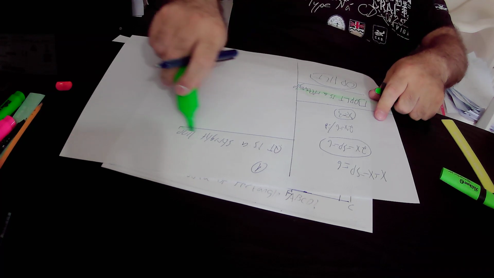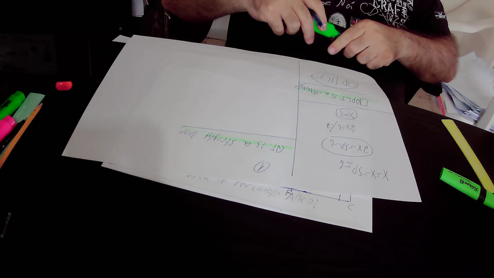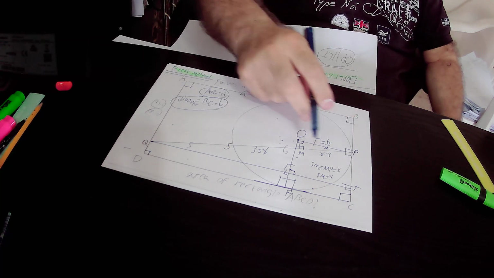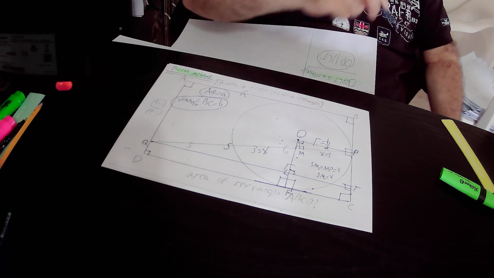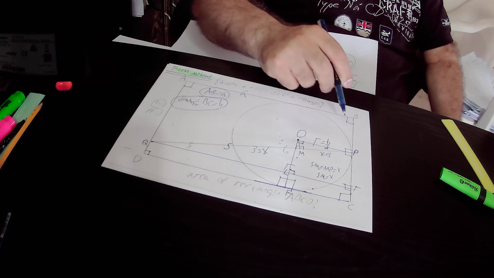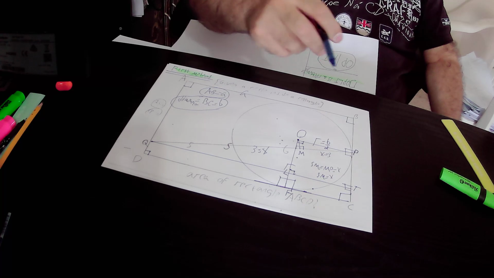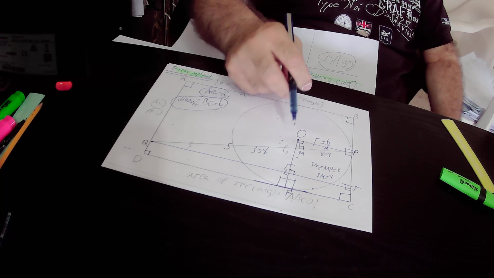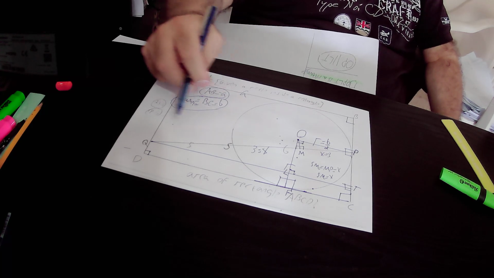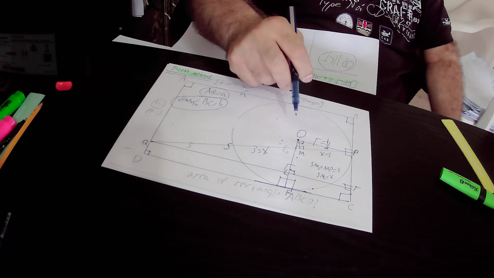As I already mentioned, LT is part of the straight line QT, and LT is parallel to OP. And if a part of a straight line is parallel to OP, then the straight line QT itself must also be parallel to OP.